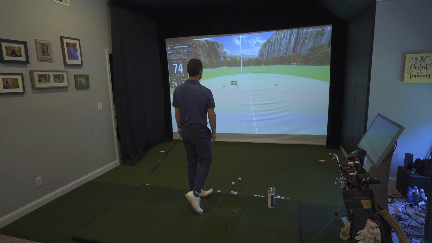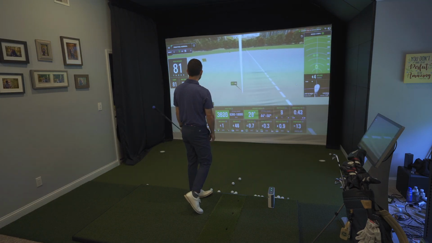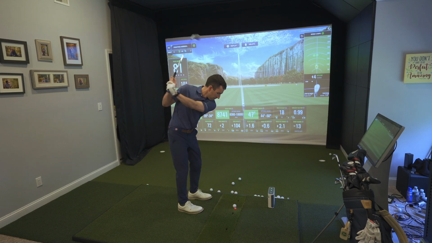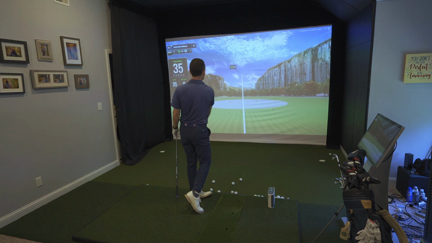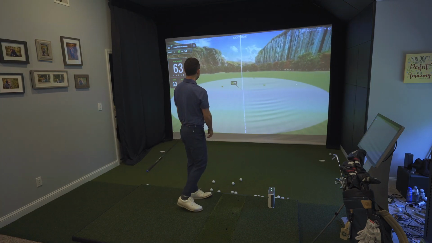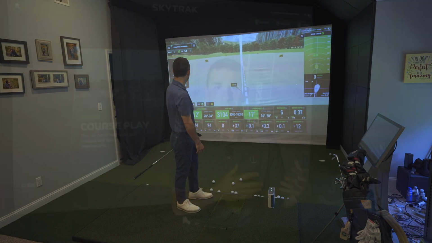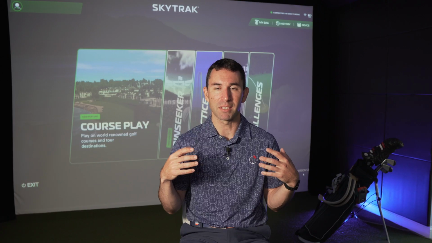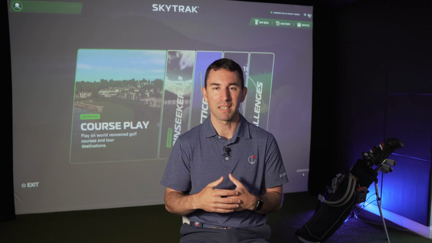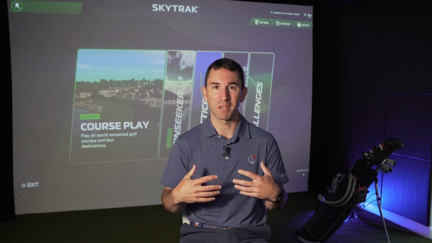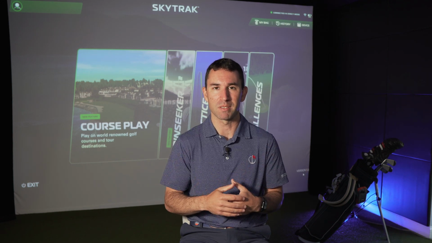Either way, the Wedge Matrix is going to test you and give you the answers to find out which club and which intention gives you the tightest dispersion around each yardage. So for example, for a 50-yard shot, you might find out that you're best with your 56 degree at about a 60% intention. For me, I like to use my lob wedge for all these awkward wedge distances.